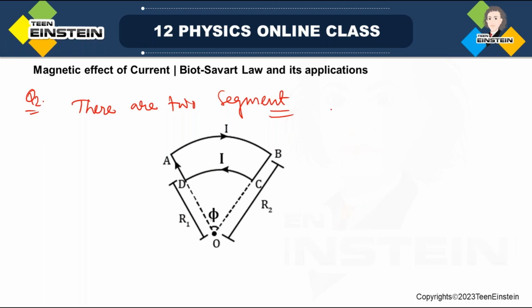If I write the main formula mu 0 I by 4 pi I dl cross r by r cube, then dl and r need to have some angle to give a magnetic field. But this straight part is directly in the line joining O and A, so there is no magnetic field due to this.